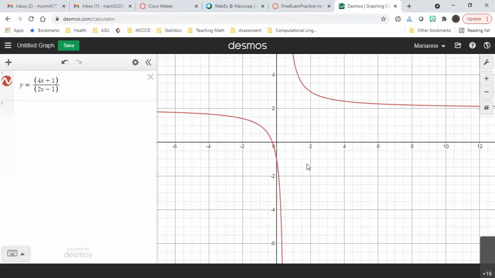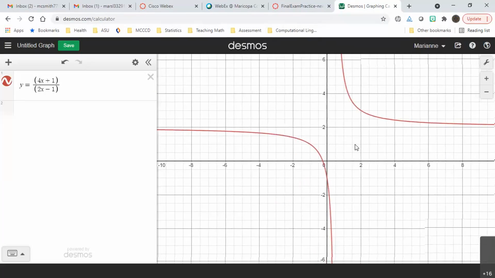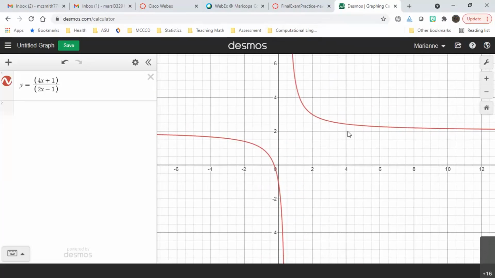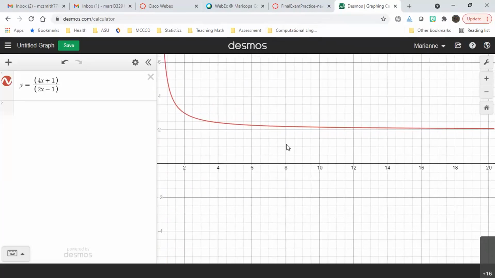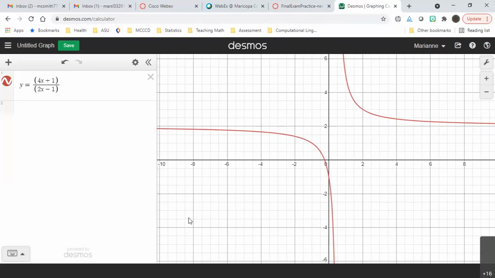And then if you look at the function this way, it looks like it has a horizontal asymptote of y equals 2. Everybody see the horizontal asymptote? Again, you can get that by looking at the degree of your numerator and denominator.